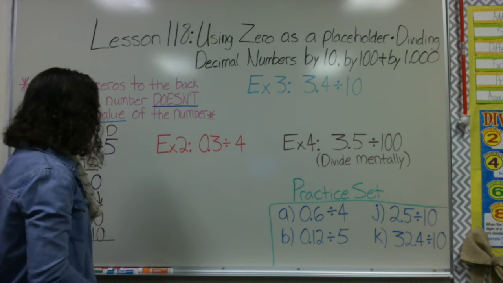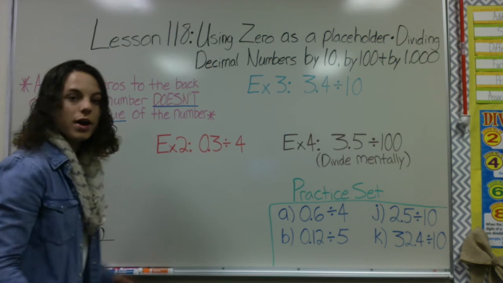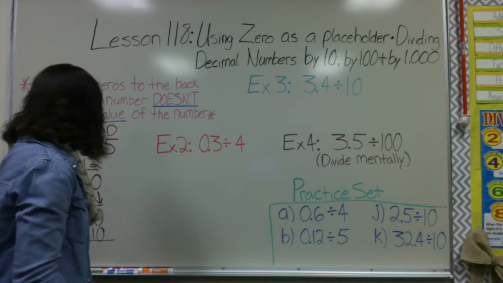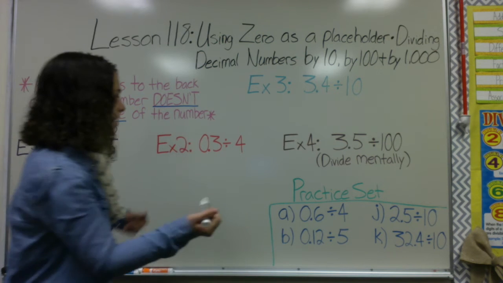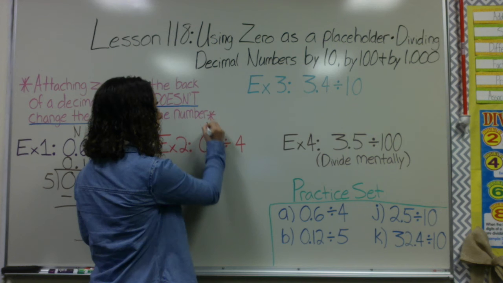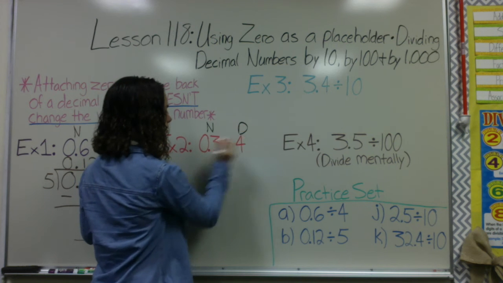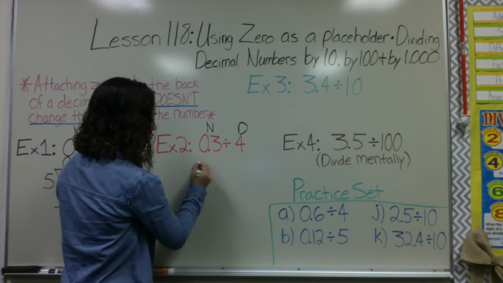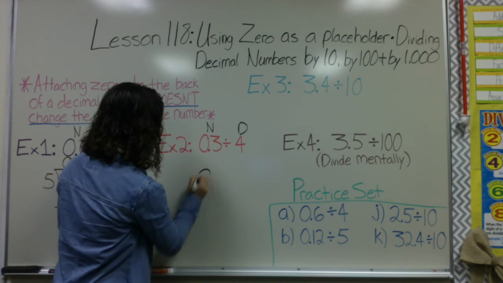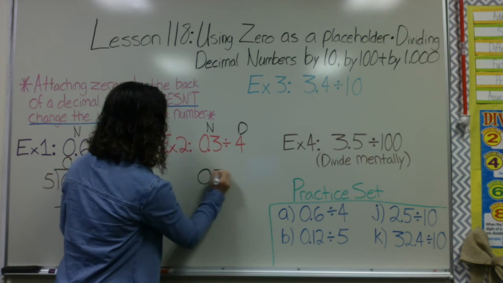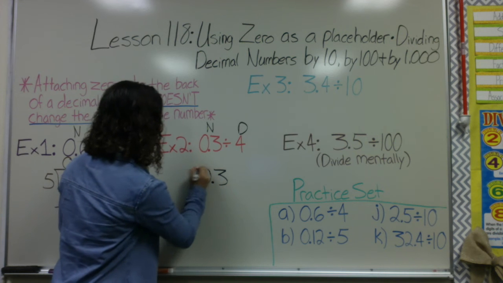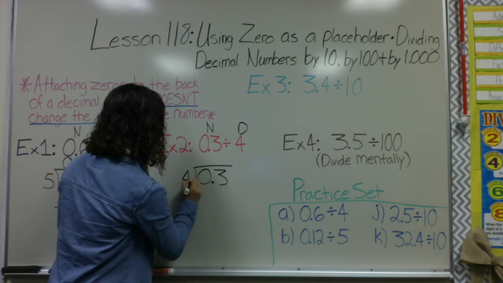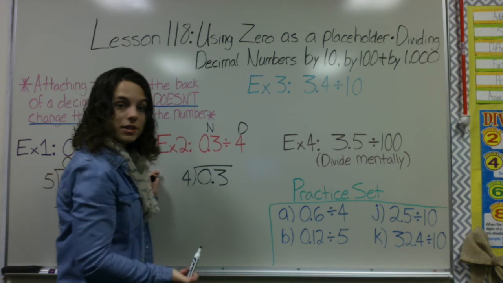Example 2, I'd like you to go ahead and do this one with me. I have 3/10 divided by 4. Again, I'm going to label Norman and the donkey because Norman, my dividend, goes inside the house and the donkey goes on the outside. So I have 3/10 divided by 4. 4 can't even go into 3.